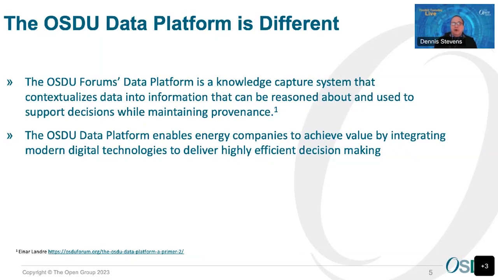So part of the work that we do in the OSDU data platform is to ensure harmonization of that contextual use of terminology and the standards and data definitions behind those contextual uses of that terminology. It enables decision making efficiently.